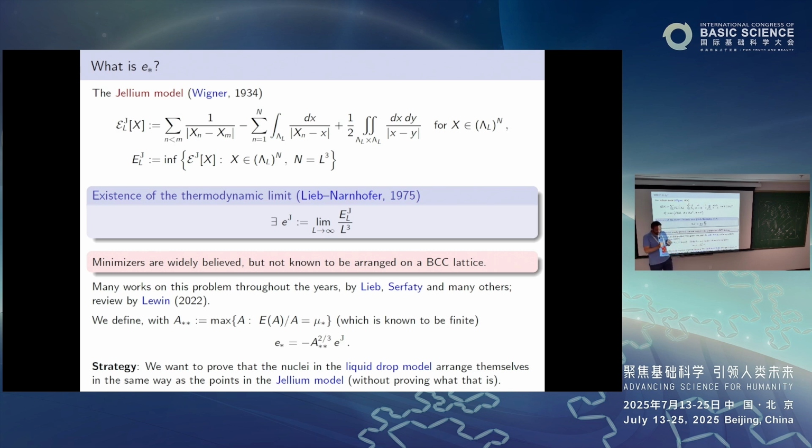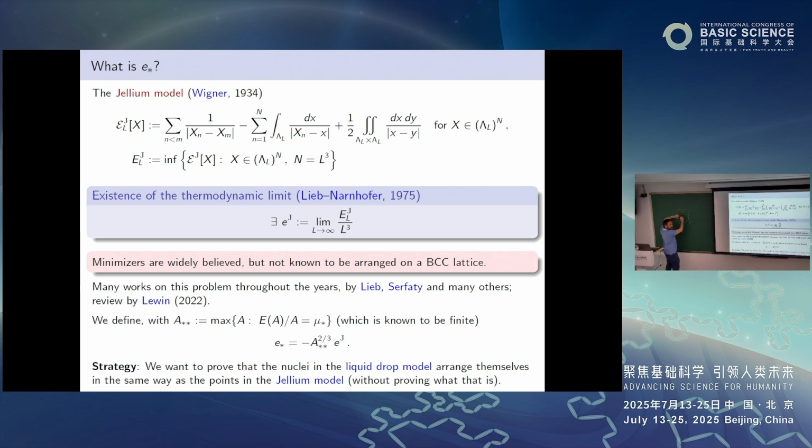So perhaps I should not have done it. The gallium energy is negative, so there is a net attraction. So these points, after all, attract themselves. There's a lot of cancellation, big cancellation, but they attract each other to form a lattice. So therefore, the energy is negative. Thank you.